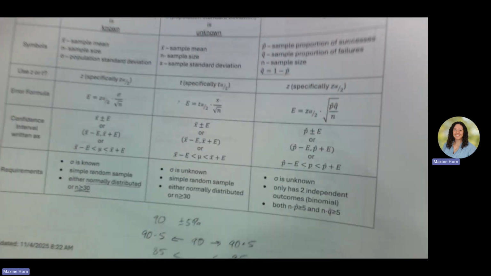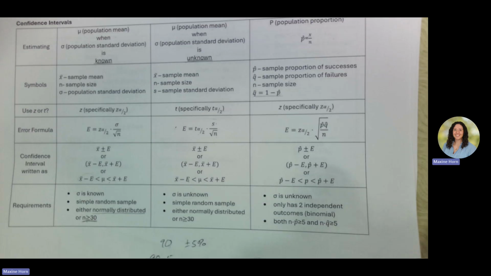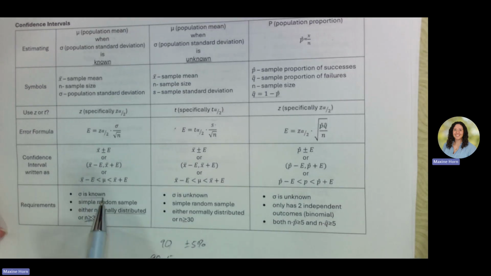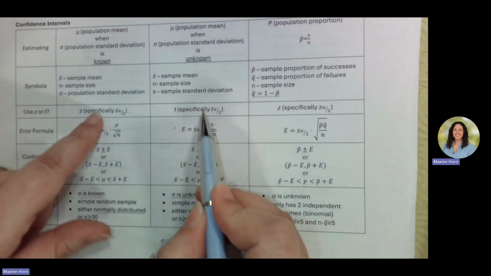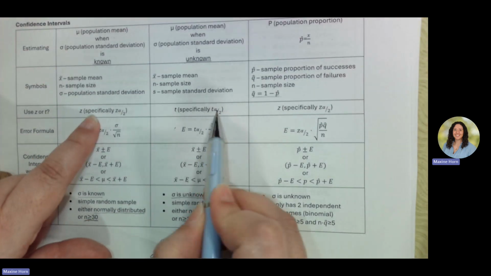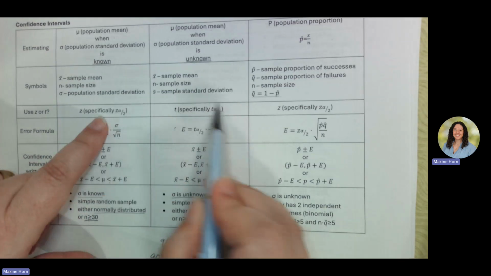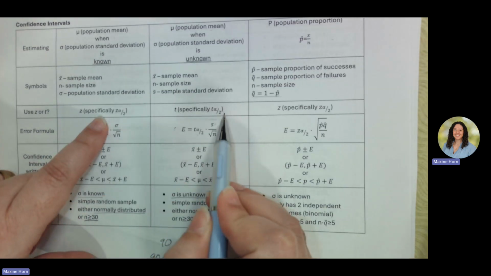But for the purposes of your chapter, they're really just wanting you to say, okay, do I know my population standard deviation or do I not know it? Because that's going to tell me whether I'm using a z-score or a t-score.